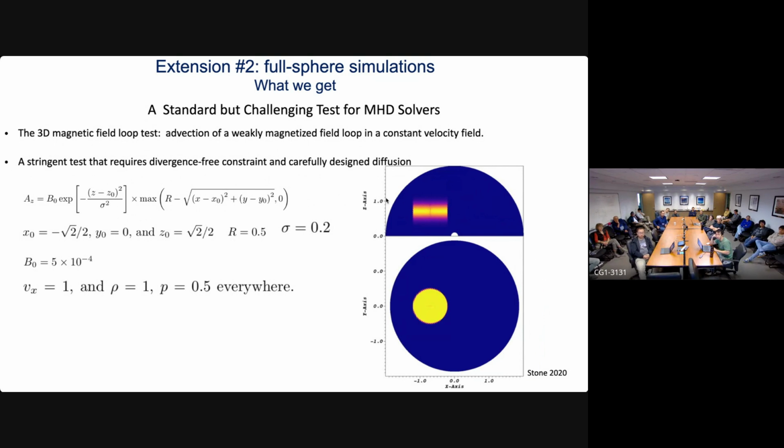The loop is initialized at a constant z height with a thickness of 0.2 and a radius of 0.5. The problem is quite high beta, so the field loop will be advected passively, and the shape should be preserved quite well.